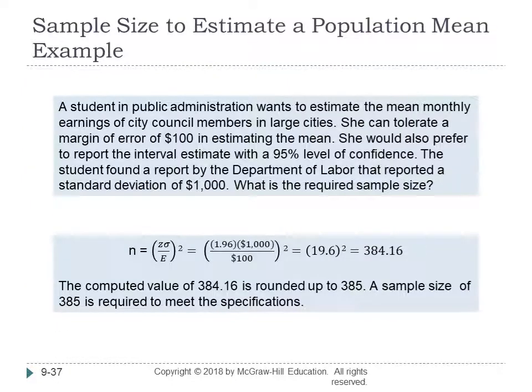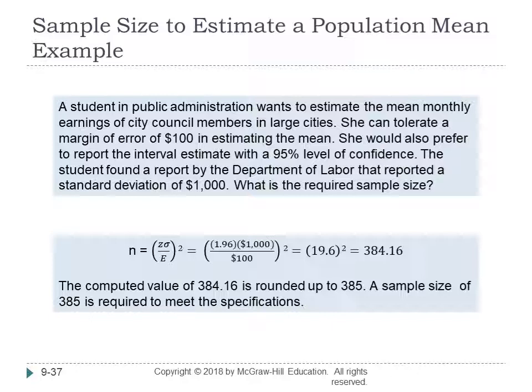Here is an example. A student in public administration wants to estimate the mean monthly earnings of city council members in large cities. Of course, I assume this is in the United States, so there are many large cities, and this researcher wants to know the mean monthly earnings of city council members in large cities.